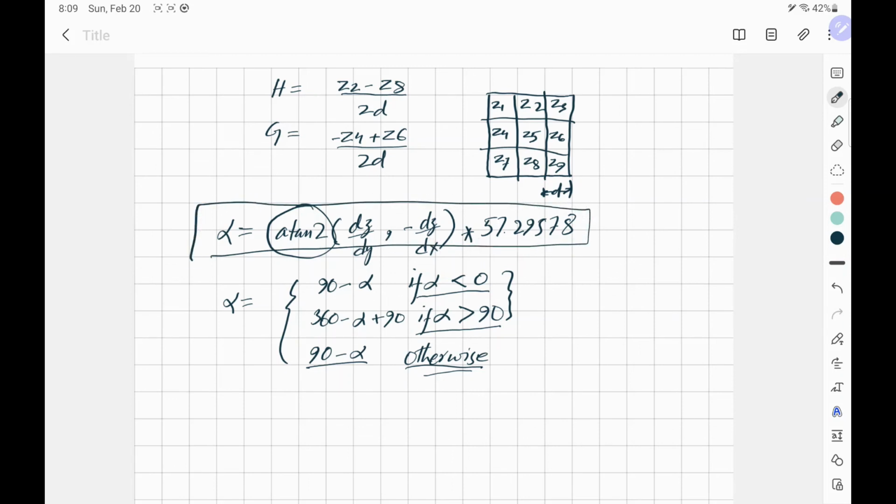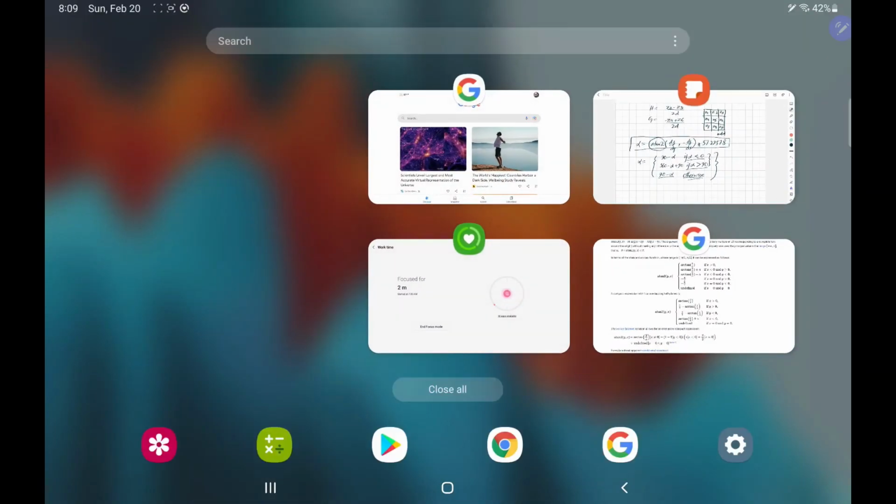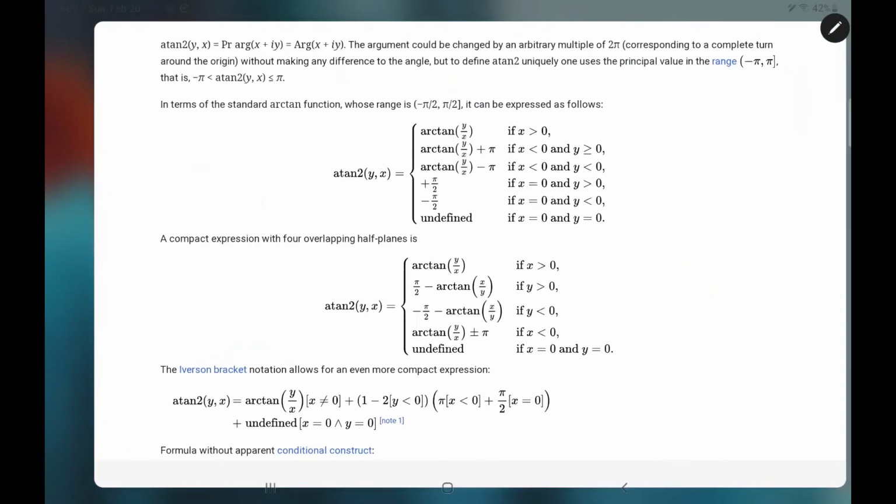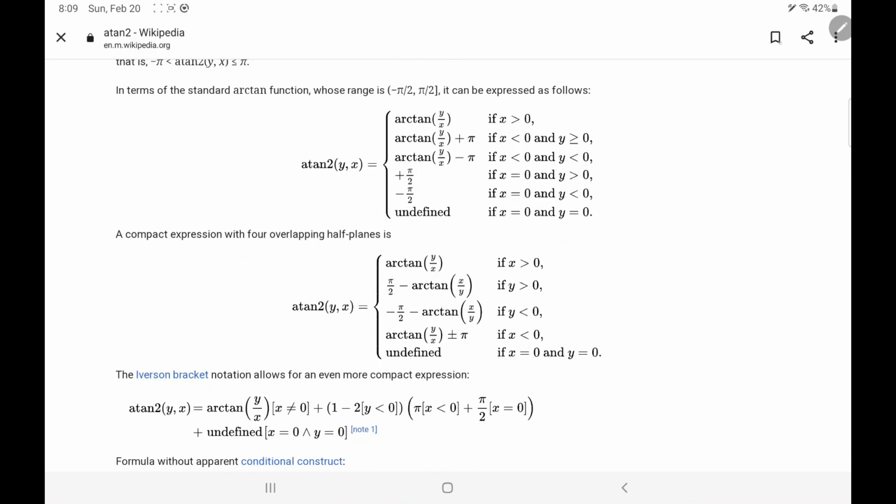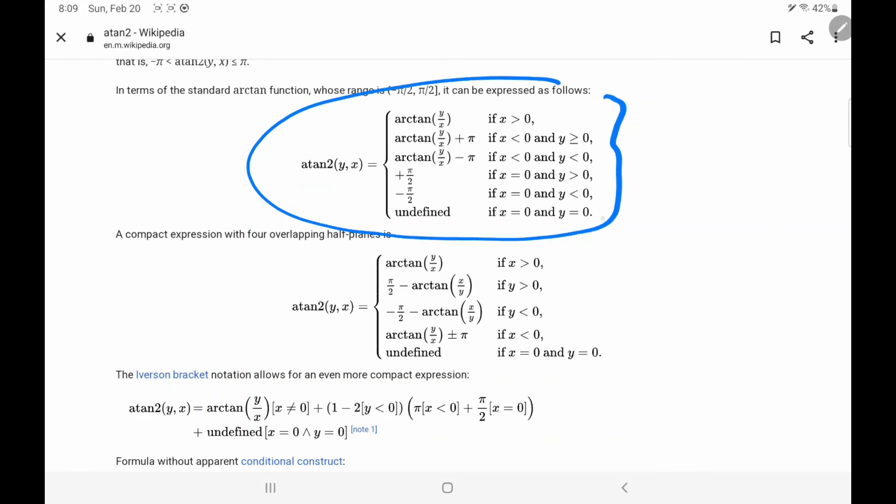It will calculate the angle for you. Then what is the need of this? We have already covered the conditions, which you can see here. So what is the need of either this one or this one?